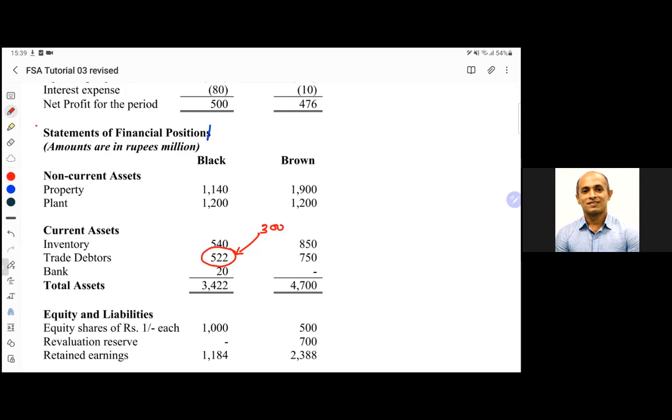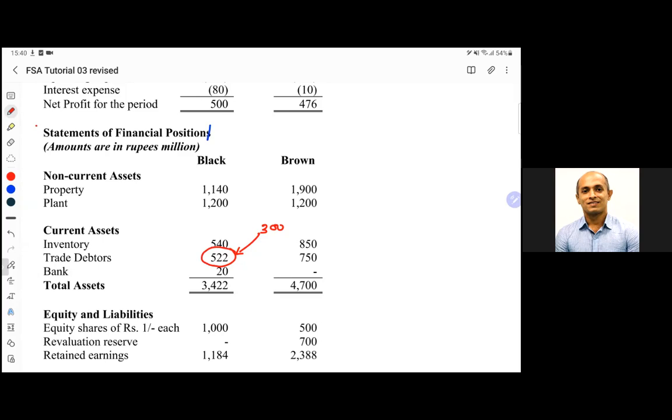You see again, this is very important. So Black company's receivables include 300 million valued at cost plus 20%.